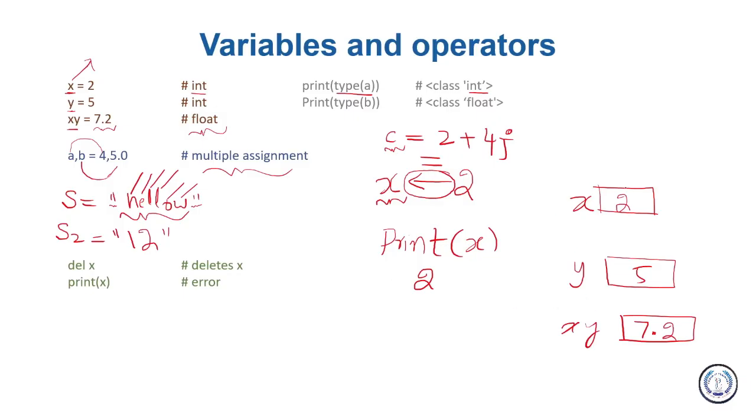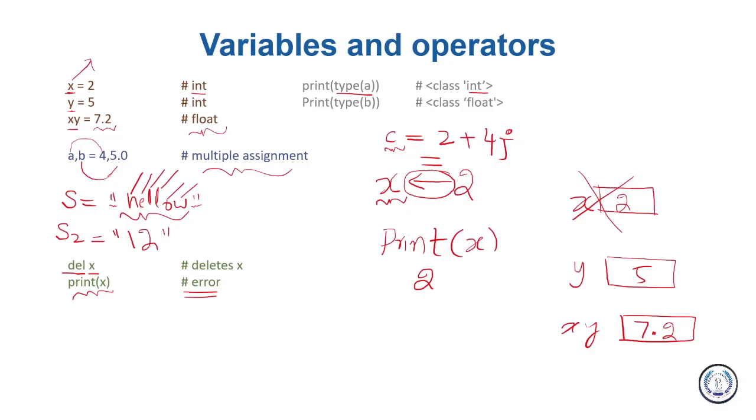These will stay in the memory and occupy it. If you decide to no longer use a particular variable in the program, then you can call the del function, del space whatever the variable name, and it will delete the variable from the memory like it was never there. And once the variable is no longer in memory, it is not accessible. If you now access the variable again, you will get an error.